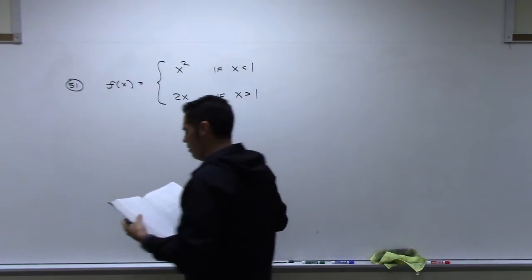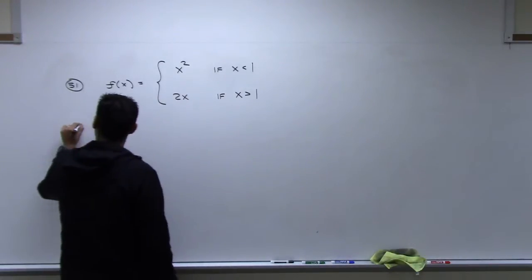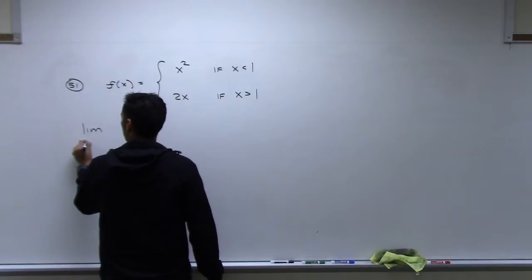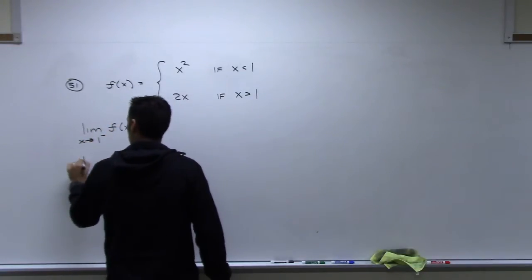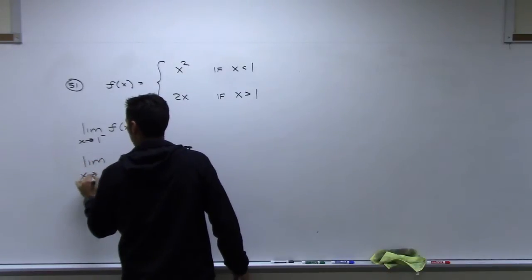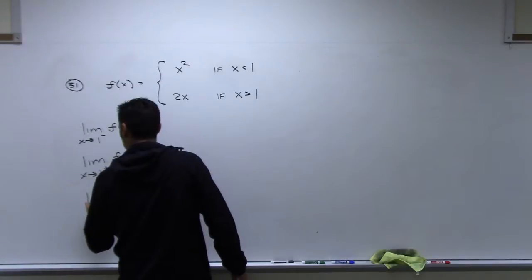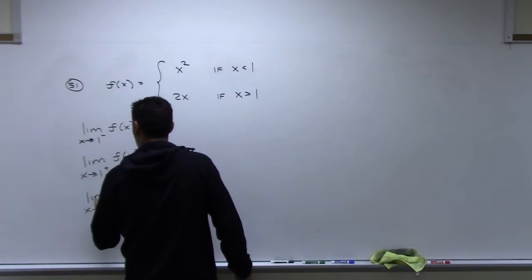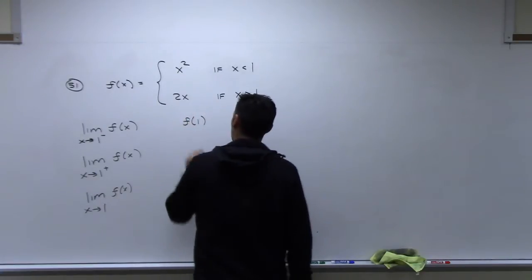And they want to know the limit as x approaches 1 from the left of this function, the limit as x approaches 1 from the right of this function, the limit as x approaches 1 of this function, and then they also want to know what is f of 1.